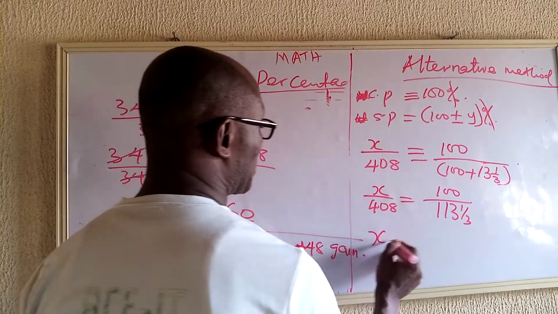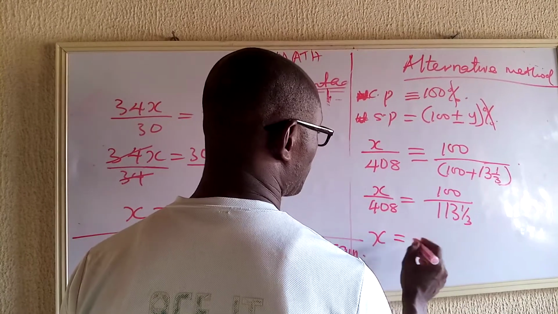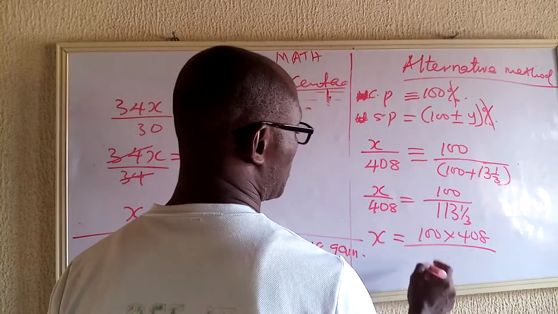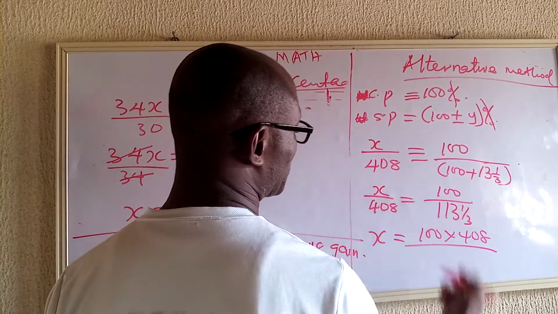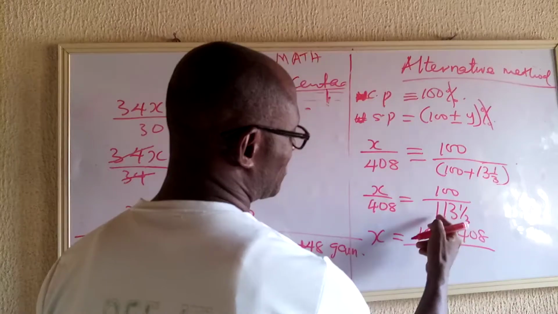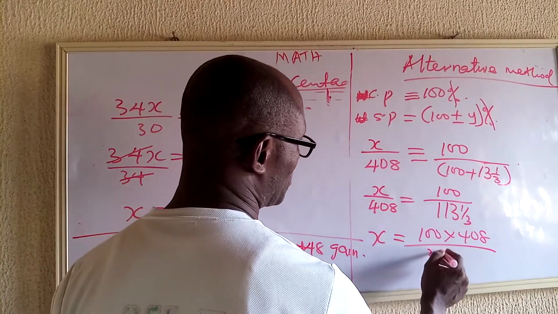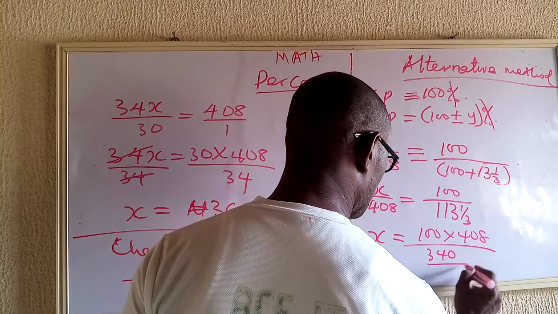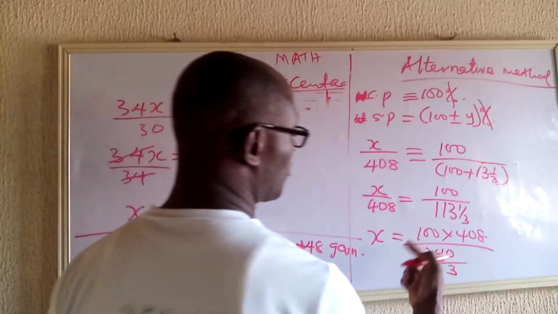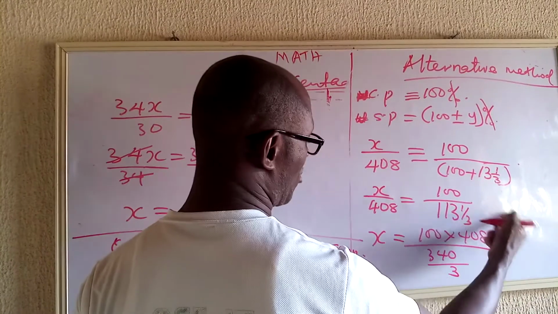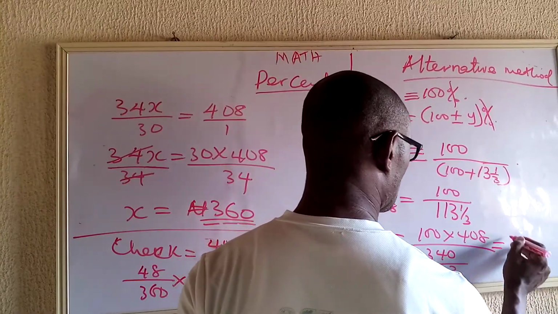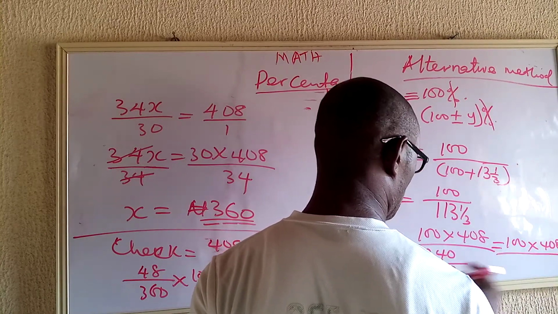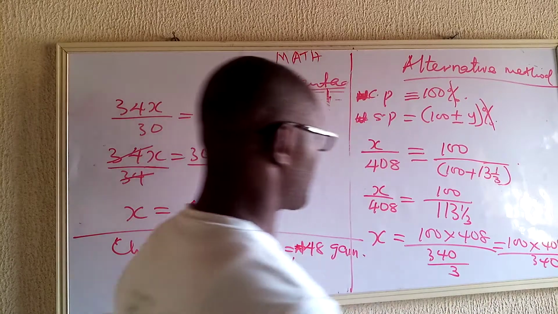What will now be x? X will be 100 times 408 over 113 and 1/3, which is the same thing as 340 over 3. So by mathematical calculation, this 3 will come up. That will give us 100 times 408 times 3 all over 340.